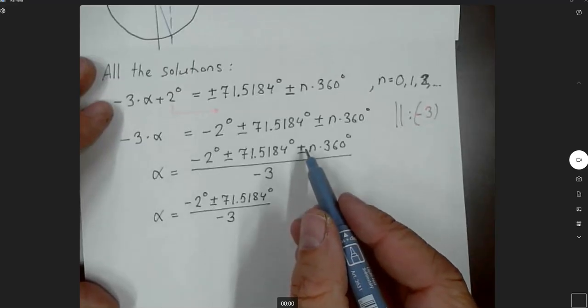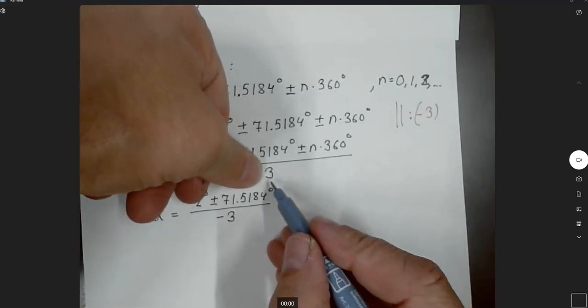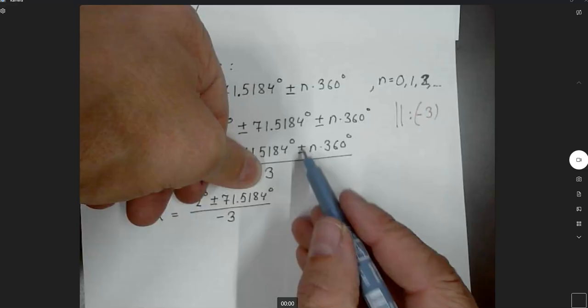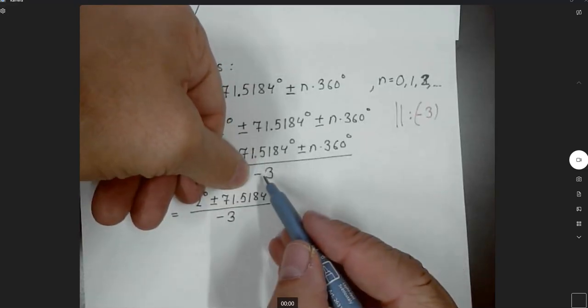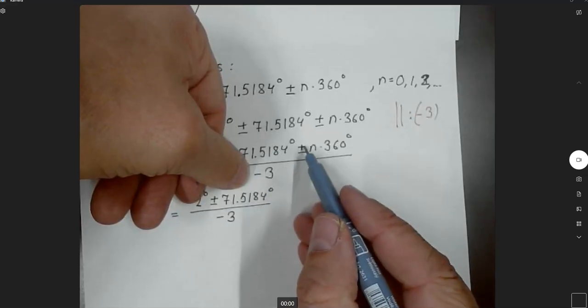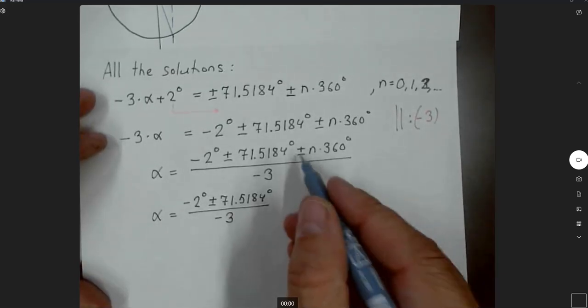Actually, when we have plus minus there and we divide by a positive number, the plus minus sign will stay. But if we divide by a minus sign, then the plus and minus signs change places. So if we are very fundamental mathematicians, we would change the order.